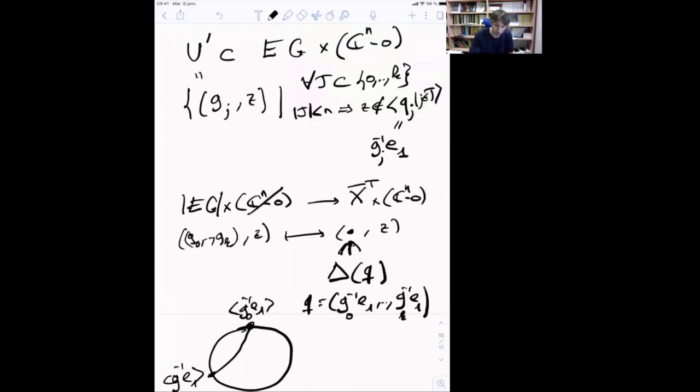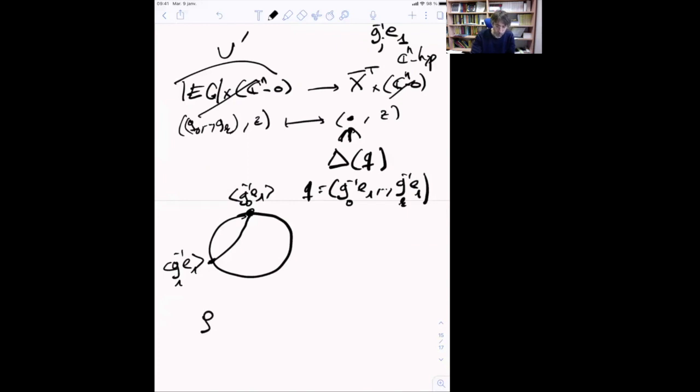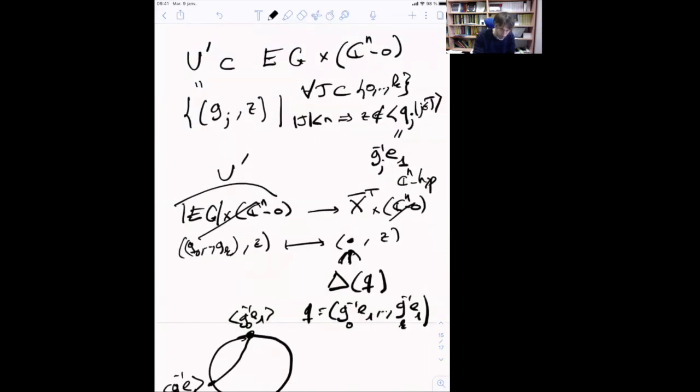So we replace this by U prime. And here we replace by erasing hyperplanes here. And so that's how we define the form. So I should say that we have this new rho, rho bar or rho infinity.